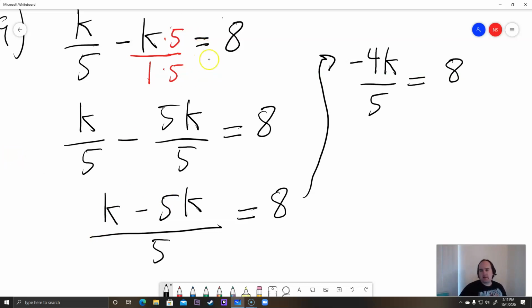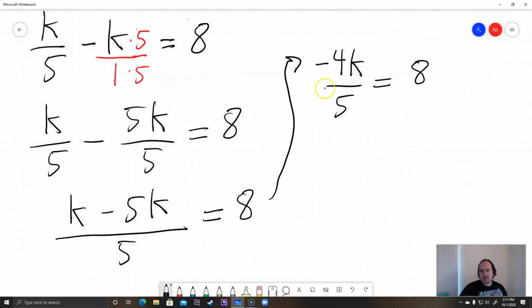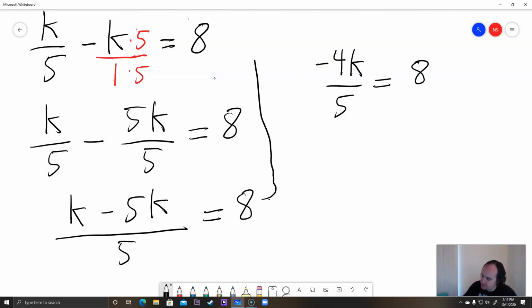All right, so now there's just one variable left on the left side. But we have to get rid of the negative 4/5. So to get rid of negative 4/5, we're going to have to multiply both sides by the reciprocal. And to do that properly on the right side, we need to write 8 as 8 over 1, because remember, automatically the denominator is 1 if they don't write it.